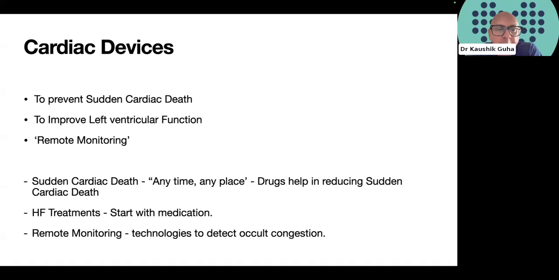And in terms of remote monitoring, beyond the need for a human being currently to be involved within the closed loop circuit to interpret the signal, the technologies are purely designed to detect occult congestion, i.e., retention of fluid, particularly in the patient's lungs, before they develop more manifest signs and symptoms, such as change in weight, extreme breathlessness, and crackles through a stethoscope.